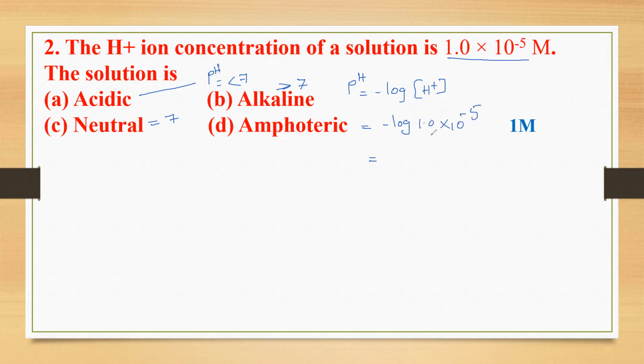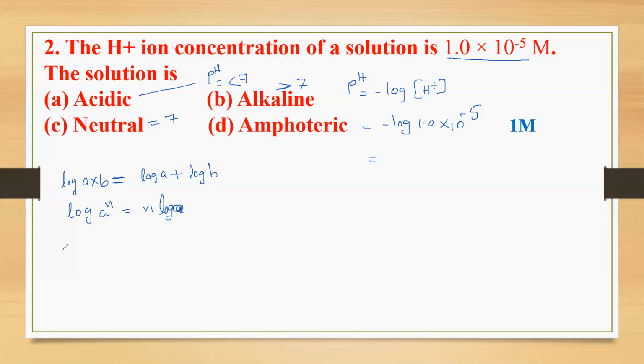This type of numerical we can easily calculate if we know the formulas properly. Logarithm also has some formulas to make calculation easy. Log A into B can be written as log A plus log B. Another formula which is going to help you is log A power n is equal to n log A.